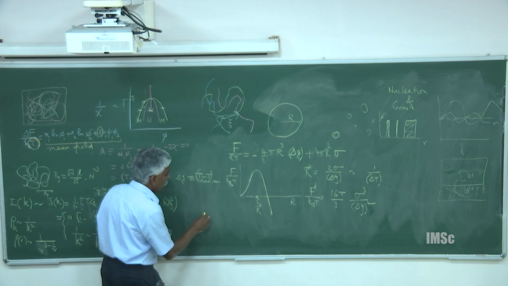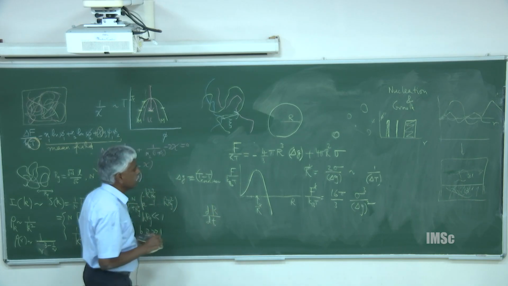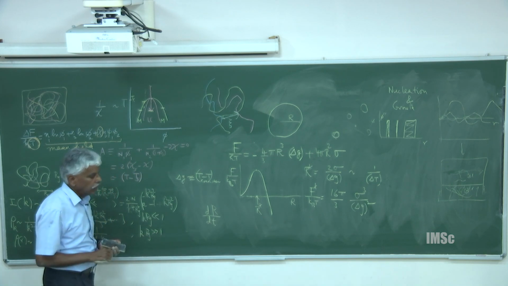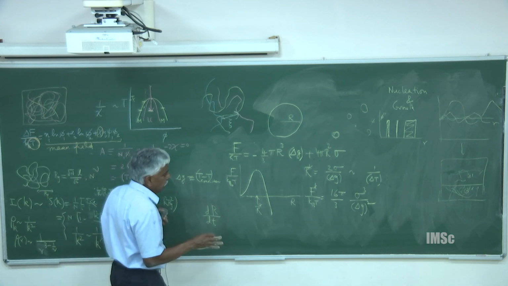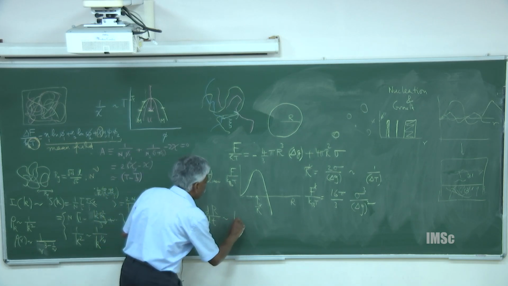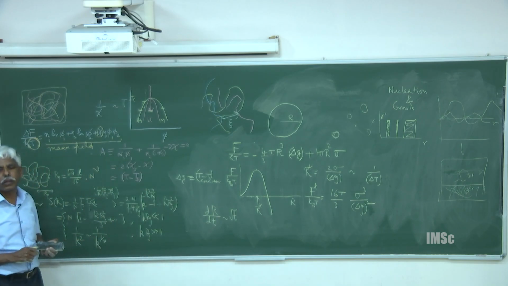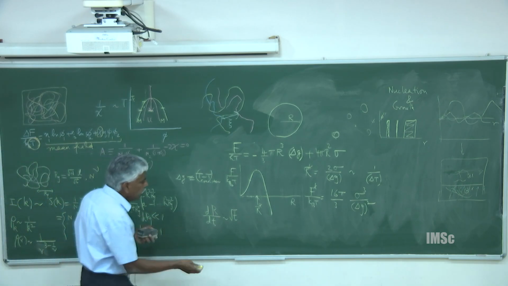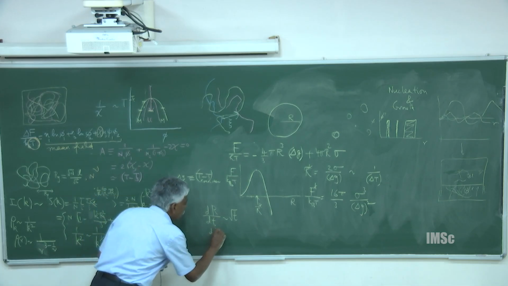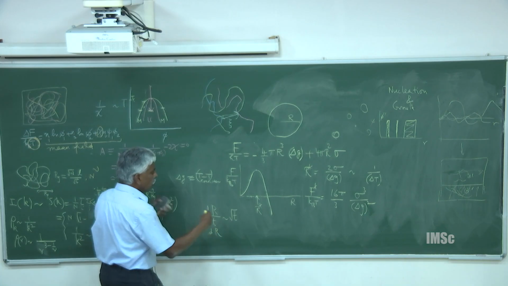The growth dr by dt, in the early stage, after the viable nuclei are born, goes like square root of t. And then in the growth, there are two possibilities.